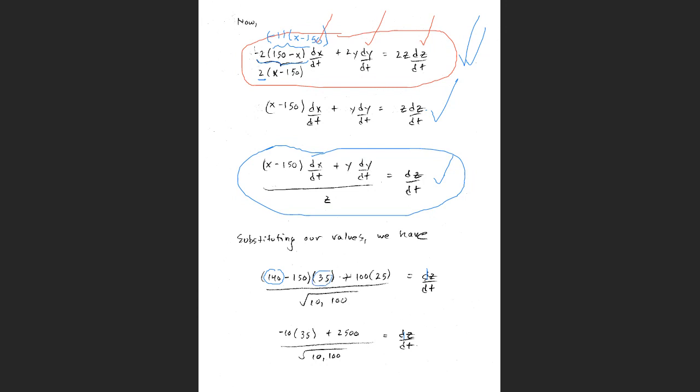Boat B has traveled 100 kilometers north, and it's traveling at a rate of 25 kilometers per hour. And distance z is the square root of 10,100 kilometers. So this gets me down to here.